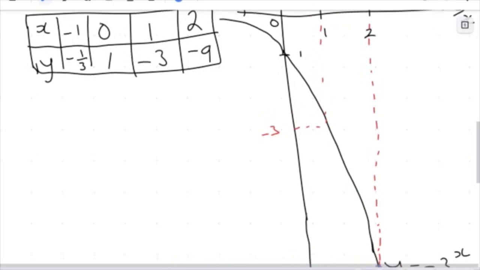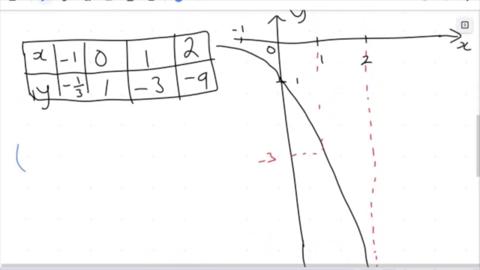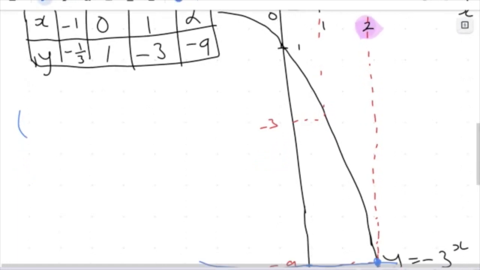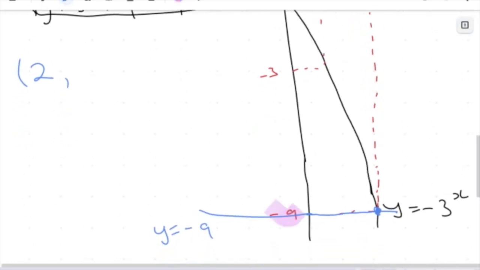And that point is basically, we just need to read off where this lines up with the x, where this lines up with the y. So I can see this is at 2 in the x. So that's going to be my x value for the point of intersection, and I have -9 in the y.